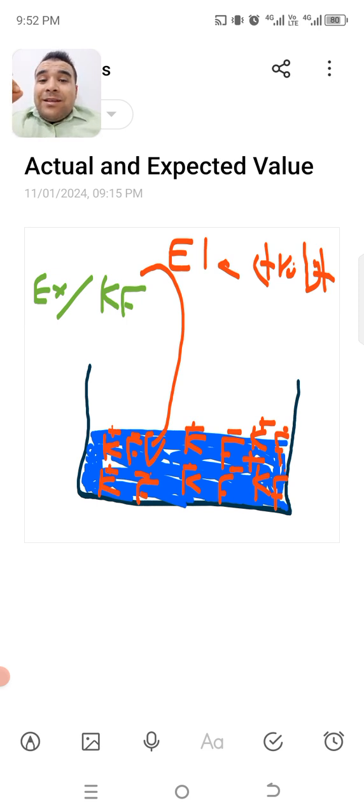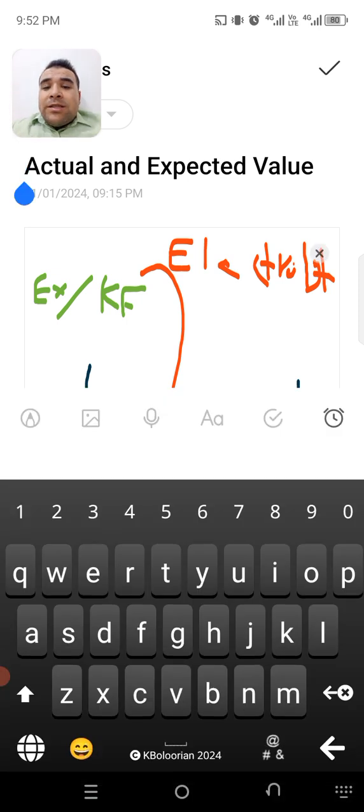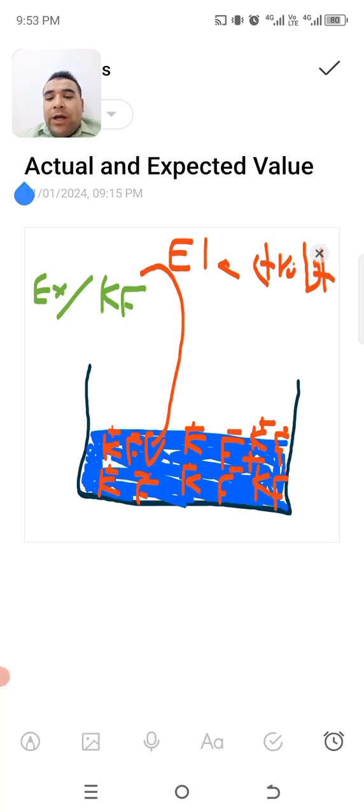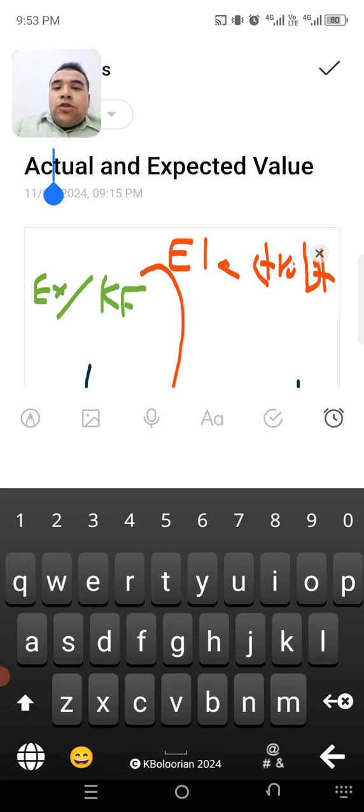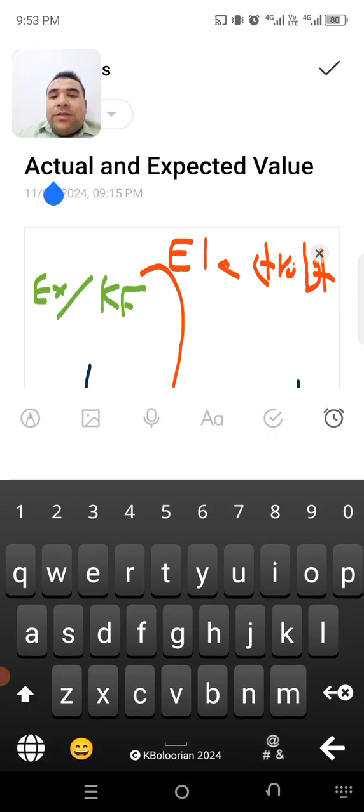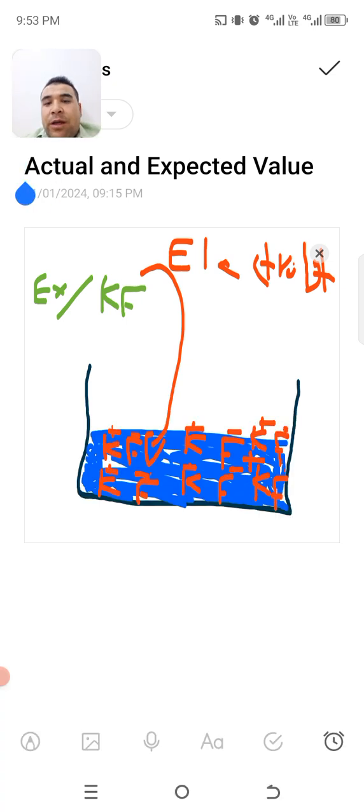And that reason is not found in the non-electrolytes. They do not have differences between the actual and expected values. So guys, from this we can understand that the main reason behind having differences between actual and expected values is the attraction force between the ions.